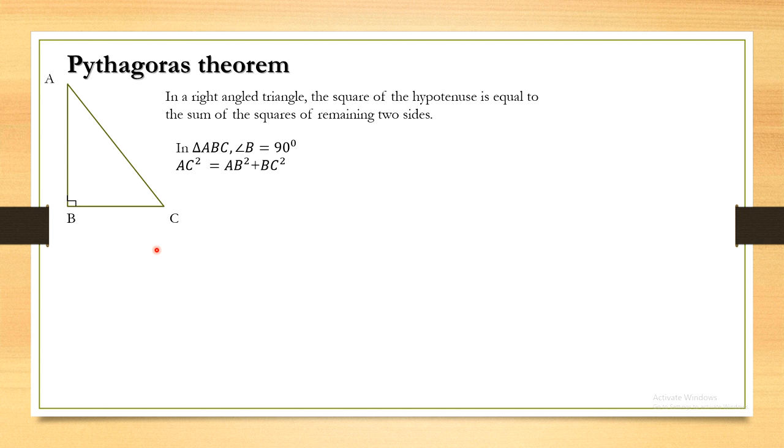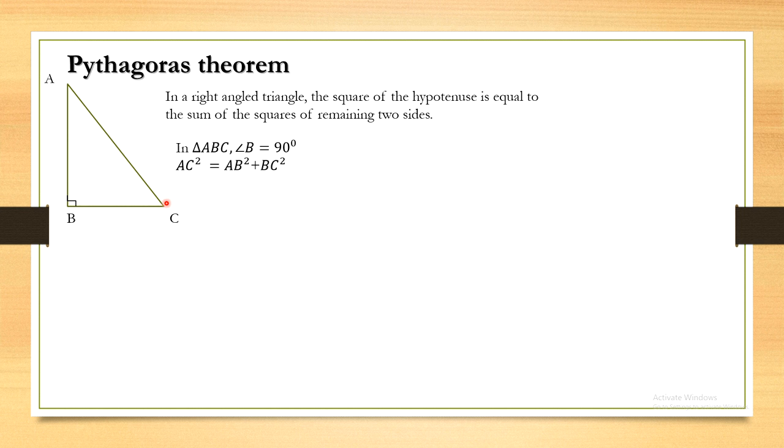This theorem has many applications in our day-to-day life. That means if you are traveling from home to school, and the roads make a right angle triangle, then with this Pythagoras theorem you can find the shortest path also.